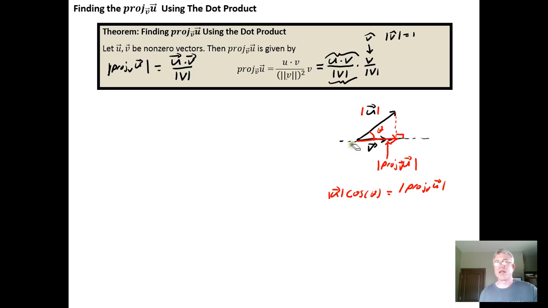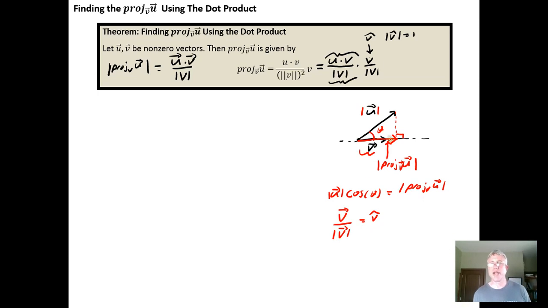And then this projection vector is in the direction of v. So a unit vector in the direction of v is just going to be v divided by the size of v, which is our vector we've been calling v hat, the unit vector. So we have a unit vector in the direction of v, and we know how to calculate the size of the projection.